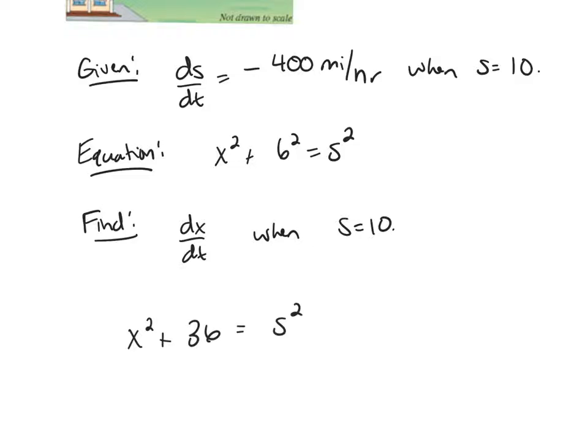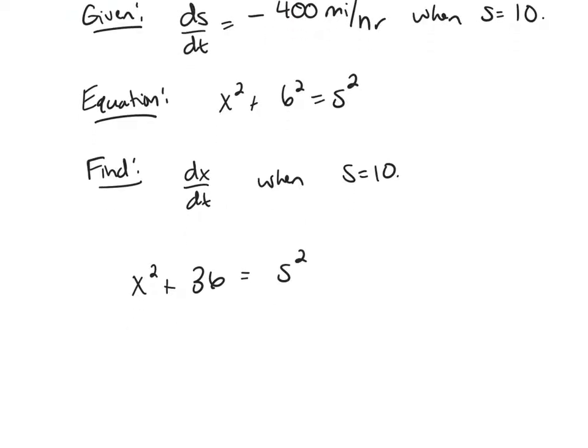and I'm going to take the derivative of both sides using implicit differentiation. I get 2x dx/dt equals 2s ds/dt.